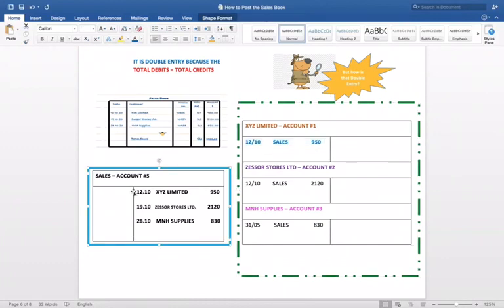A lot of students expect to also see a credit for 950. And then they expect you to debit the 2120, and then also credit the 2120.